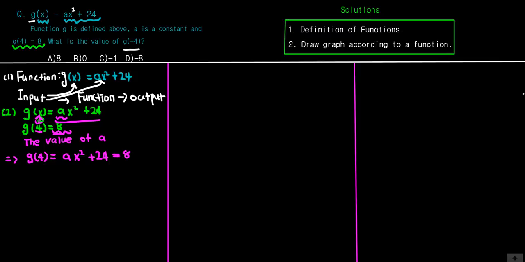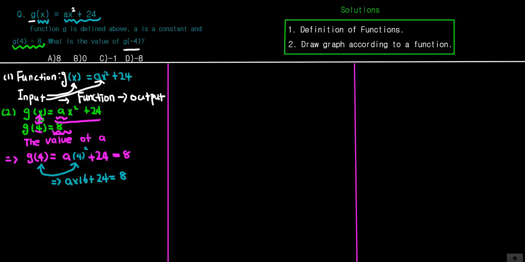But we input the value of 4 into x squared, so we can convert x squared into 4 squared. We can simplify our expression: a times 4 squared is a times 16, and then plus 24, and that is equal to 8.